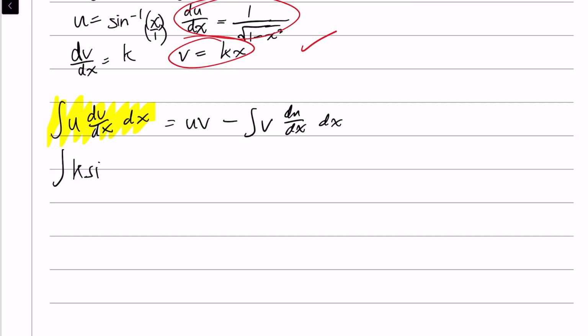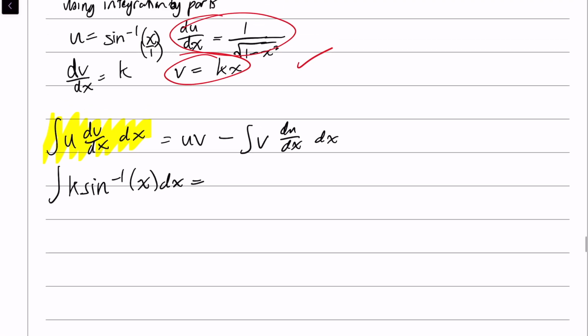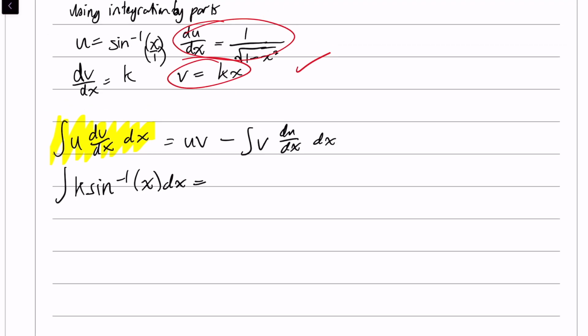So again, same thing, but now I'm just integrating by parts. So I'm actually using my uv and v du dx. So u times v is going to be kx times sine inverse x minus the integral of v times du dx. So that would be kx over the square root of 1 minus x squared dx.